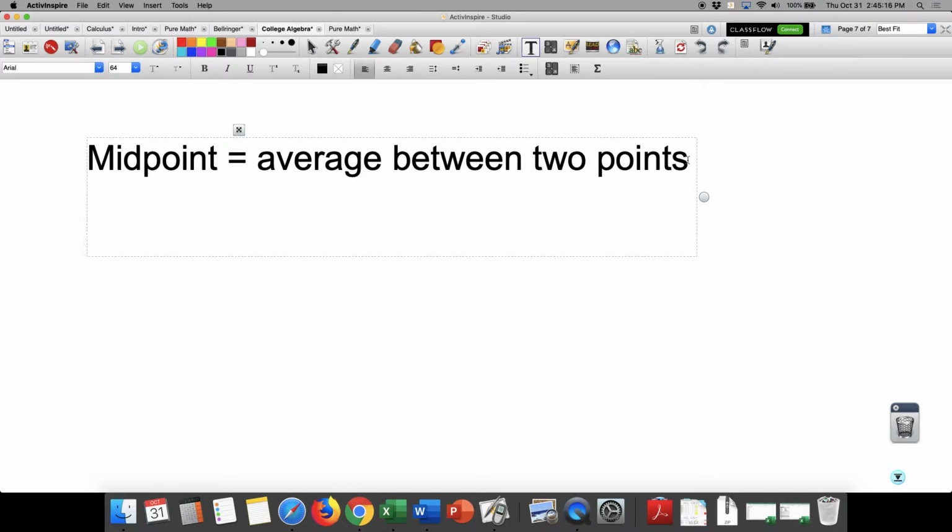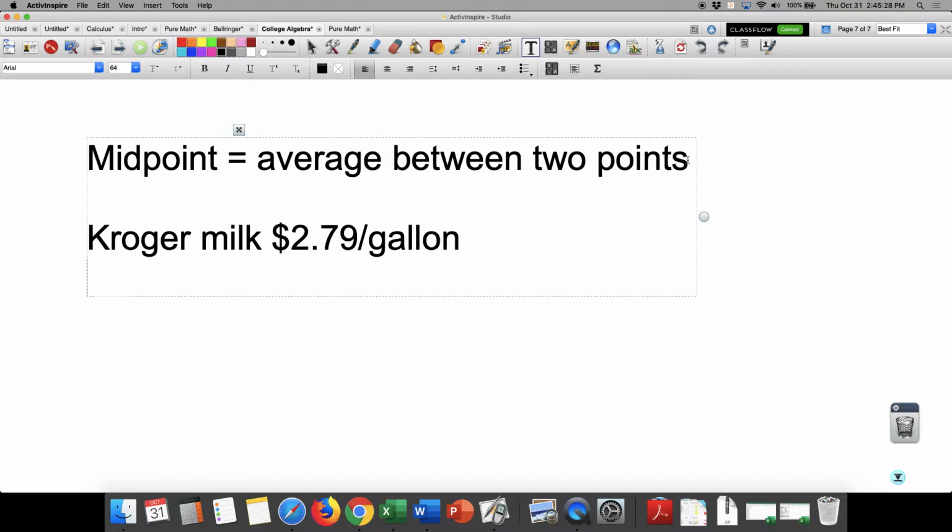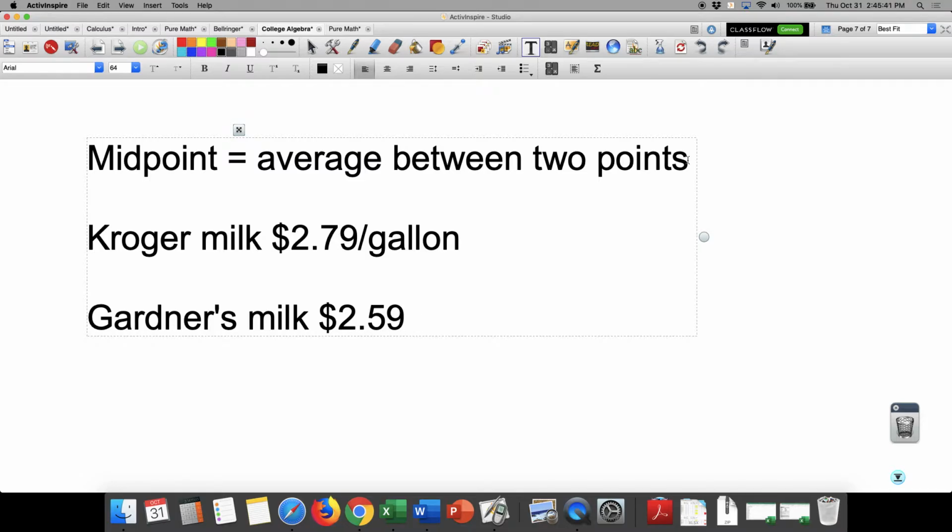So let's just say that Kroger has milk for $2.79 per gallon. I'm not sure what that is. And let's say, if that's correct at the moment, but let's say Gardner's has milk for $2.59 a gallon, and you need to create a budget.